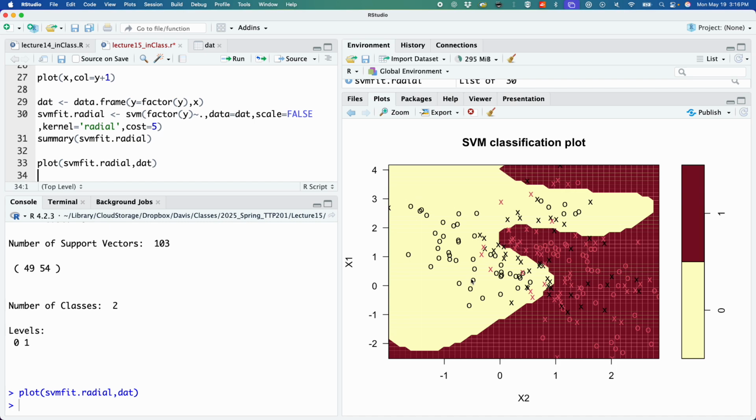So they are both very much non-parametric approaches to do classification. They do it very differently, right?